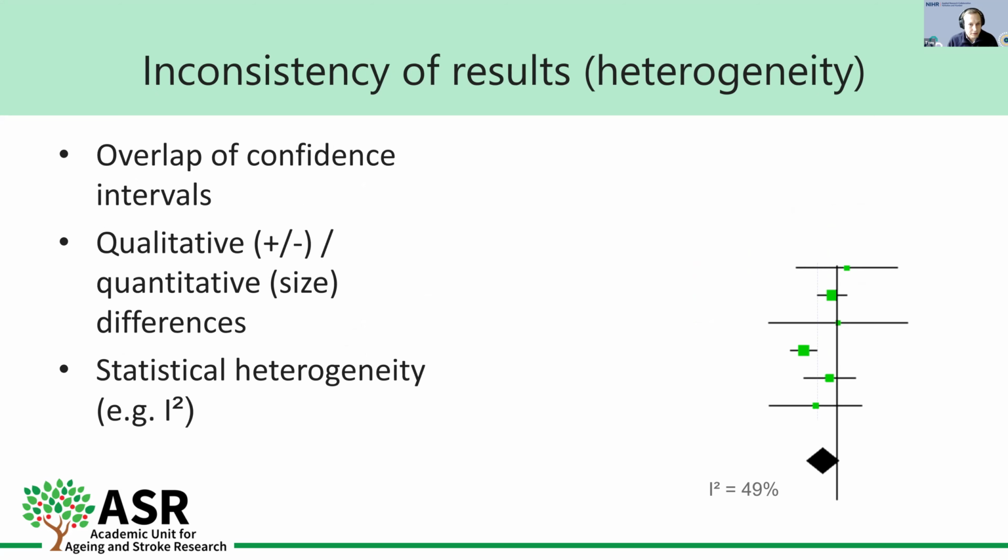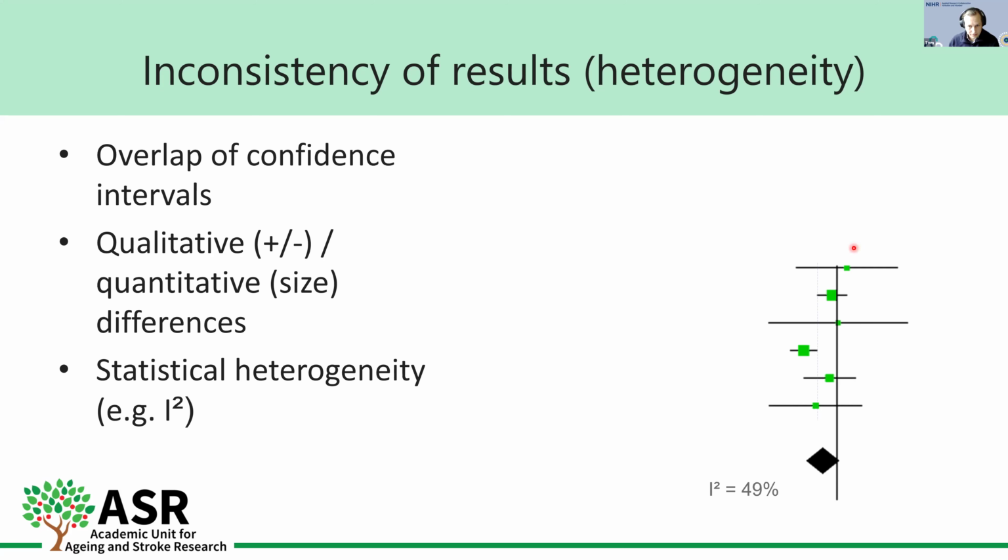So the next domain that we consider is inconsistency of the results. So heterogeneity, which we looked at briefly before. Now, although there are statistical measures of heterogeneity, looking at heterogeneity within GRADE is not just about looking at those statistical measures. The first thing you should be doing is eyeballing the forest plot, looking at the overlap of the confidence intervals.